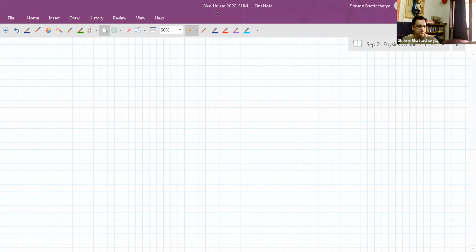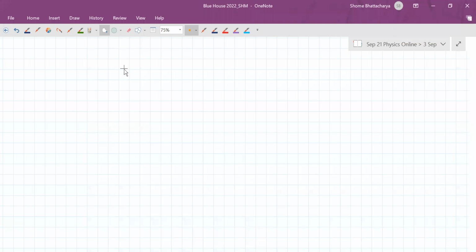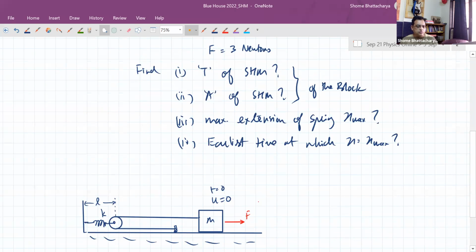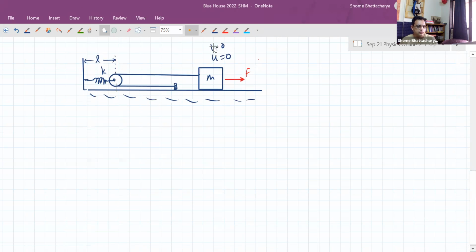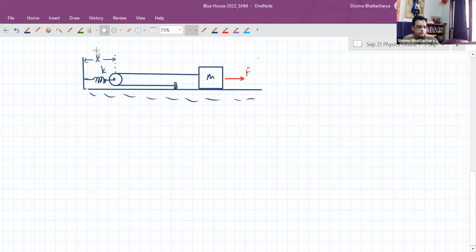Okay, let's understand the fundamentals of this question first. Now, at some point of time, let's say now, this has become L plus X. This is having an acceleration in this direction.